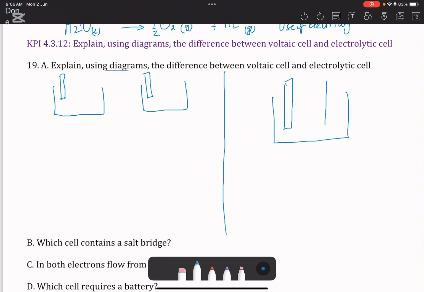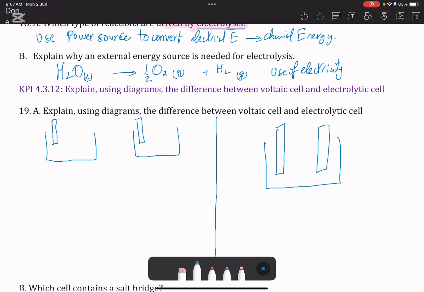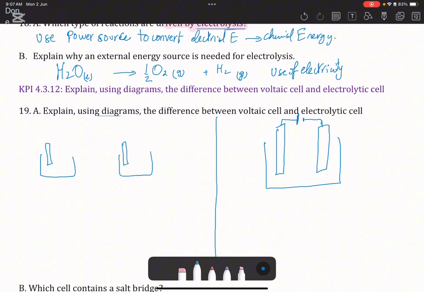Here I have an electrode and another electrode, and these electrodes are connected together with a wire. Now here there's a voltmeter, here there's a battery source. So this is the positive side, meaning that's the anode, the positive electrode, and this is the negative side, meaning that's the cathode, the negative electrode.